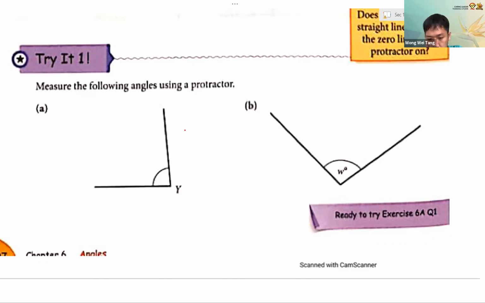How do you get 80 something? Are you looking at exercise 6A, question 1A? Yeah. Workbook. Do you see a horizontal line and a slanted line? Yeah. And you see that slanted line, right? What number is it cutting across on the protractor?